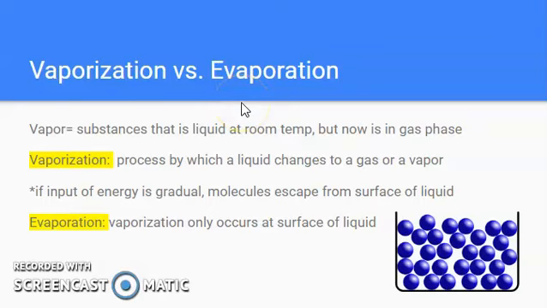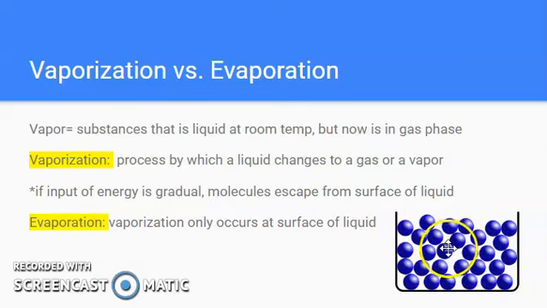And if the input of energy used to make the vaporization process happen is gradual, then the liquid molecules escape from the surface of the liquid. Now, if you can see the picture here, the surface of the liquid is connected to fewer molecules than the molecules in the interior of the liquid.